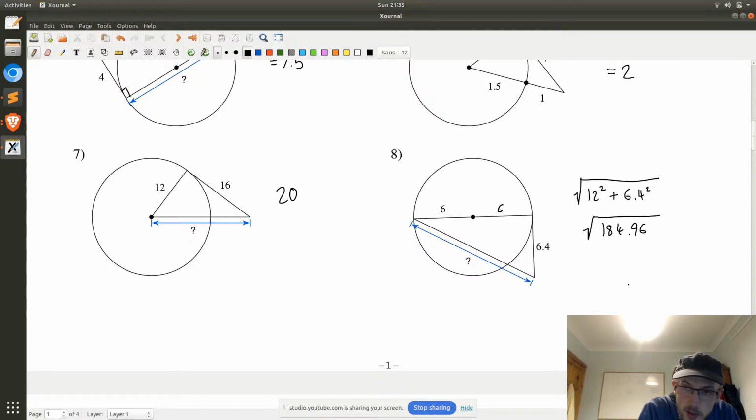Well, 14 squared would be 196, so that's way too high. So 13.6 squared. It should work, shouldn't it?